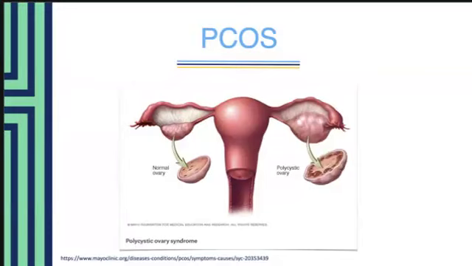Without ovulation, there is no egg released for fertilization, making it very difficult to conceive naturally. Restoring regular ovulatory cycles through lifestyle changes or even medications is often the key part of improving fertility in our PCOS patients, especially those seeking to get pregnant.